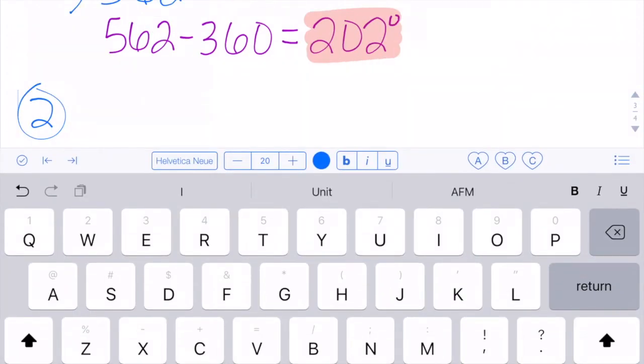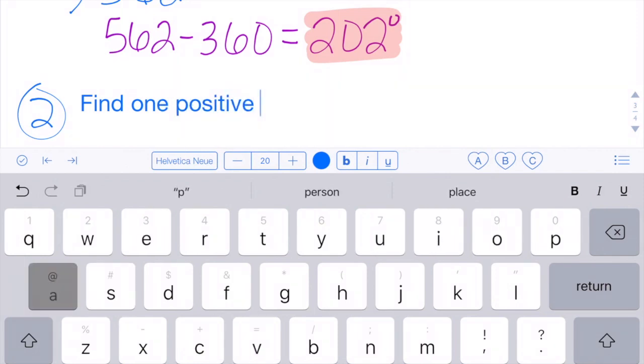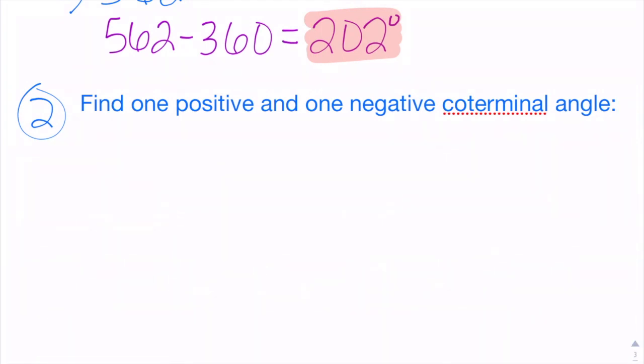All right, question 2 is going to be find one positive and one negative coterminal angle. All right, so A is if we are given negative 100 degrees.